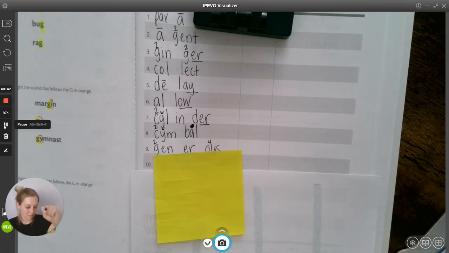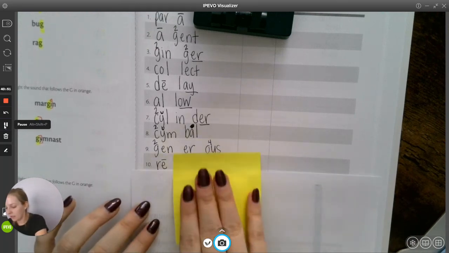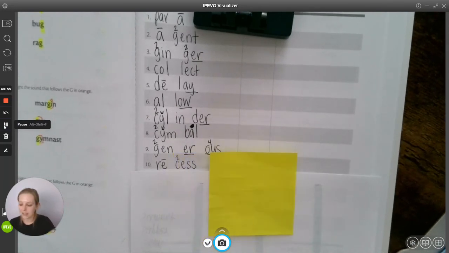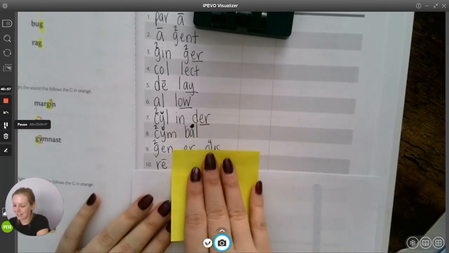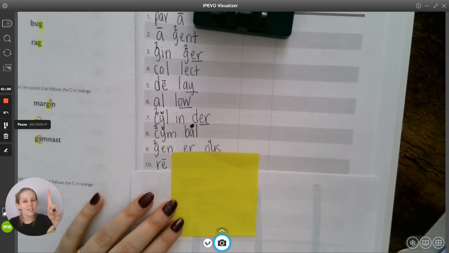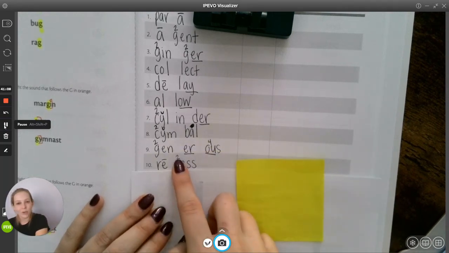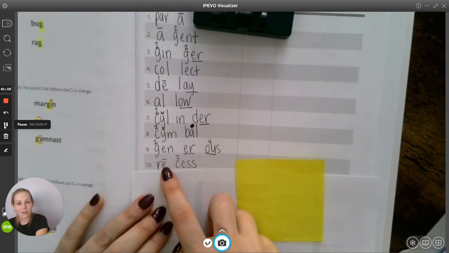E. Second syllable is ses, sound it out. Finger spell. Put that 2 over the C and a macron over the long E.